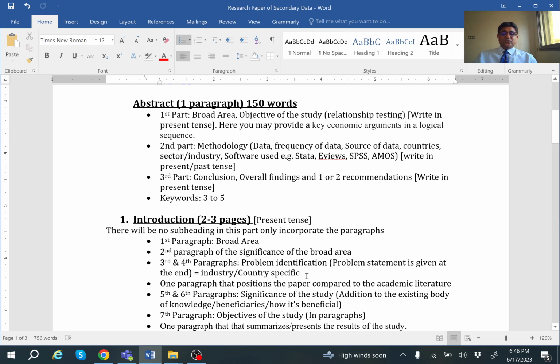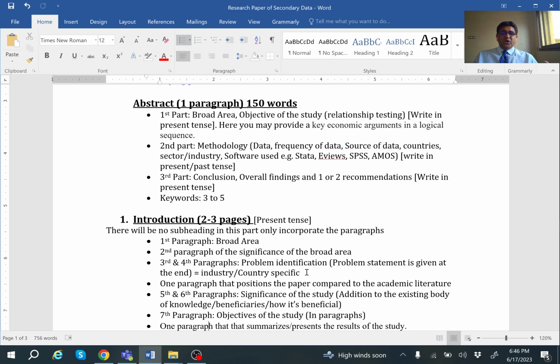Okay, you have already identified the problem in your thesis. Then you have to write 1 or 2 paragraphs on what problem is at hand, why you selected this topic, and what the position of your topic or paper is in the literature, relating to the academic literature.